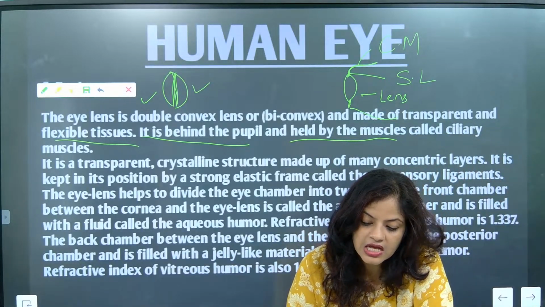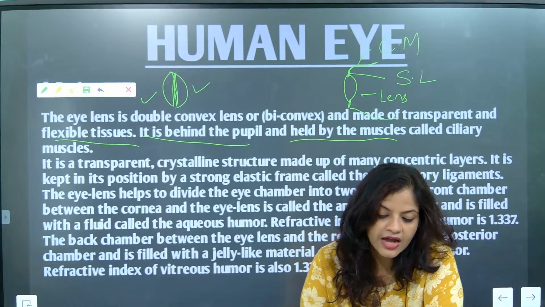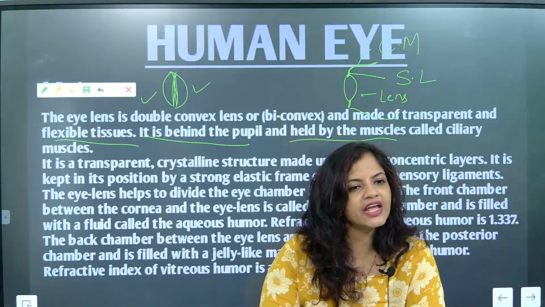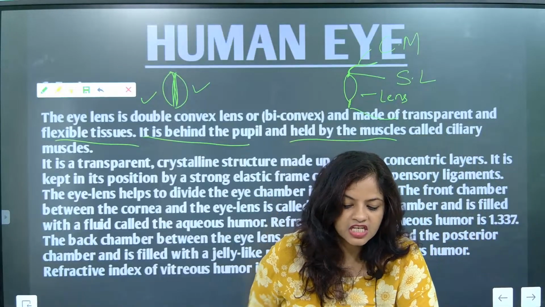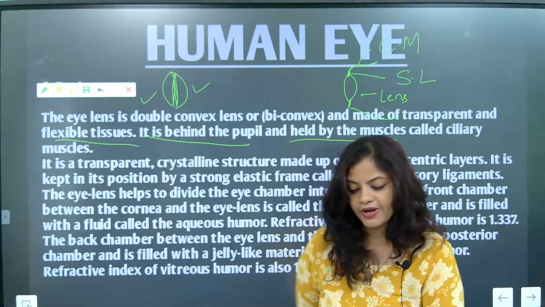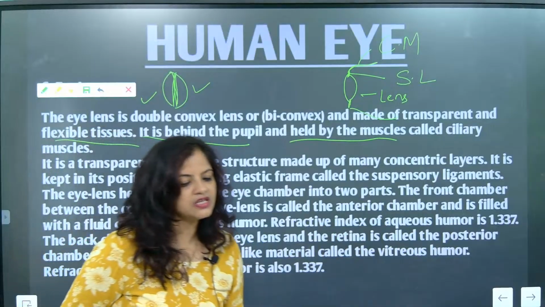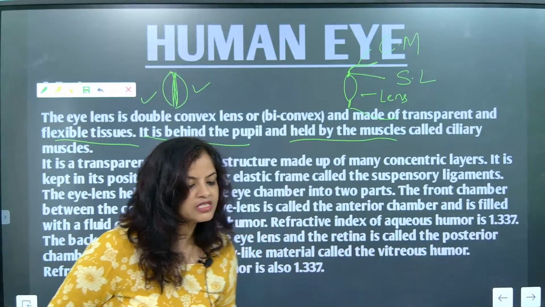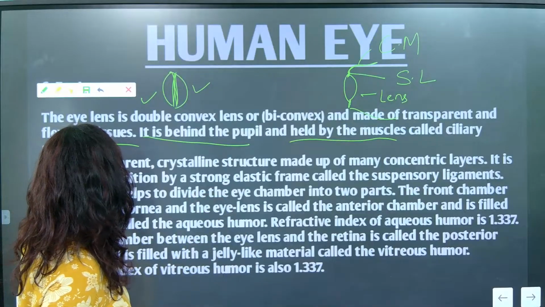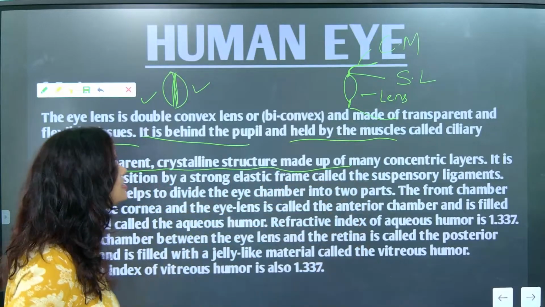So now, beta, we have understood it is biconvex, flexible and transparent. Now we are going to understand the two names I have taken: ciliary muscles and suspensory ligament. After that, we have studied the transparent crystalline structure made up of many concentric layers.